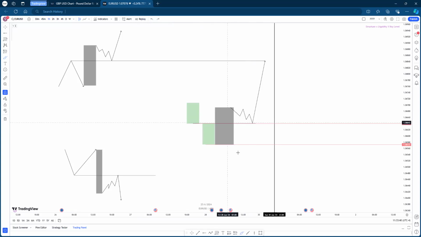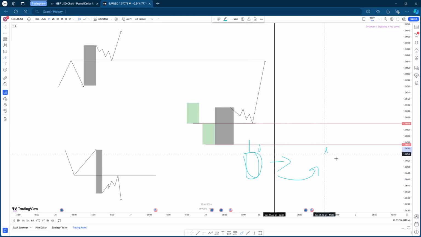And we have just two conditions that we want to see price do. After price taps into a particular key level for building bias, the first condition is I want to see price close either above or below it, right? And to confirm the direction, we're going to move one time frame lower. So if this is on the daily, we're going to move one time frame lower to the 4 hours, right?